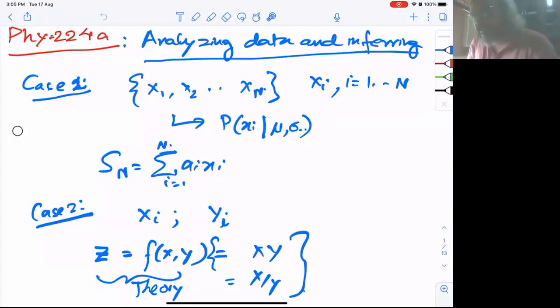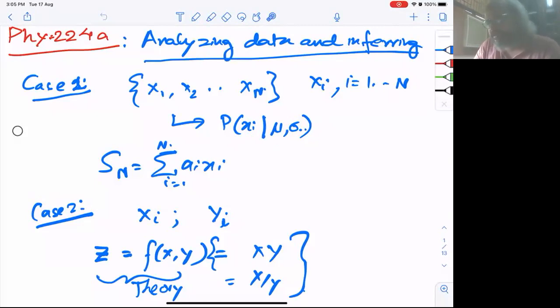The probability of getting a particular value xi is exponential of minus (xi minus mu) divided by sigma, whole squared, and so on. As I take the first one, p(x1) is the probability, then p(x2). Finally, when I have a set of n data points, the total probability of getting that data is the product of all these.